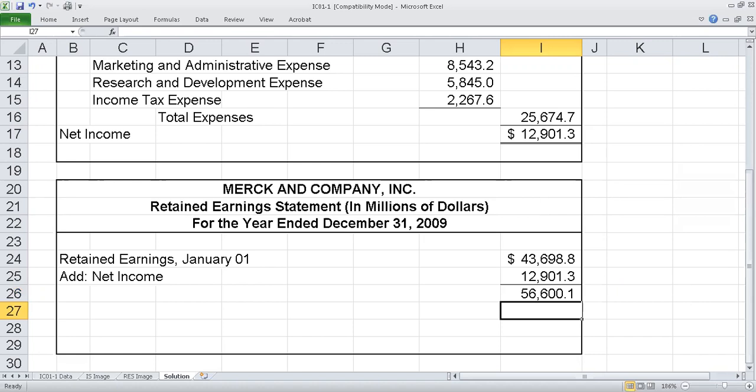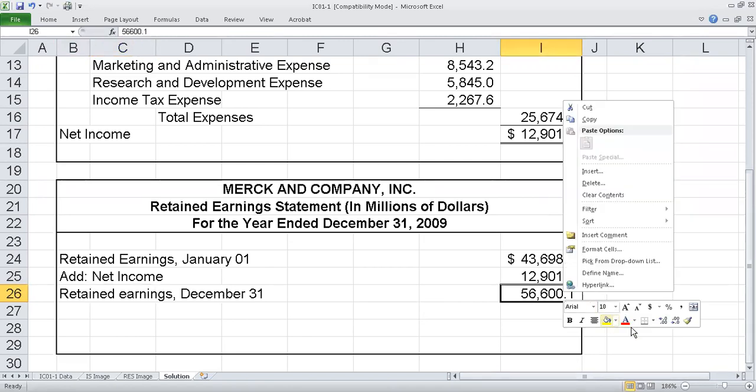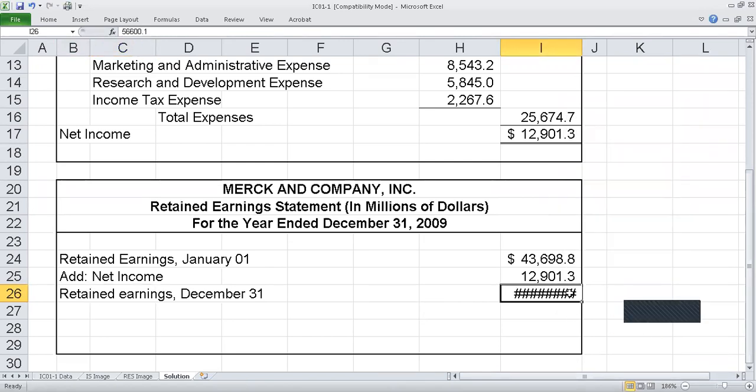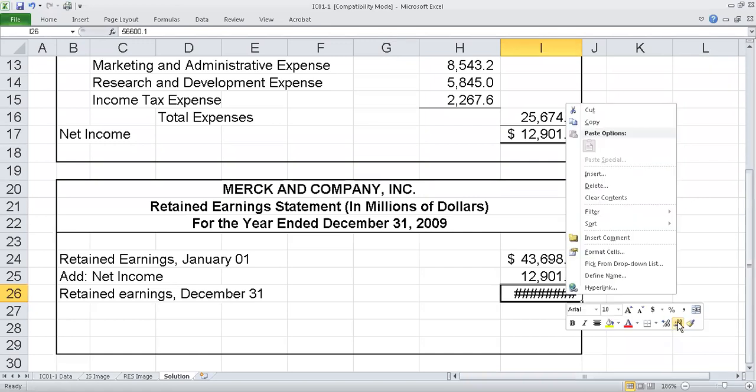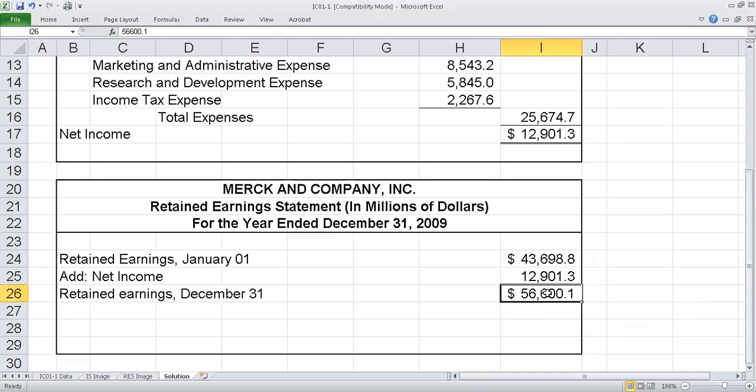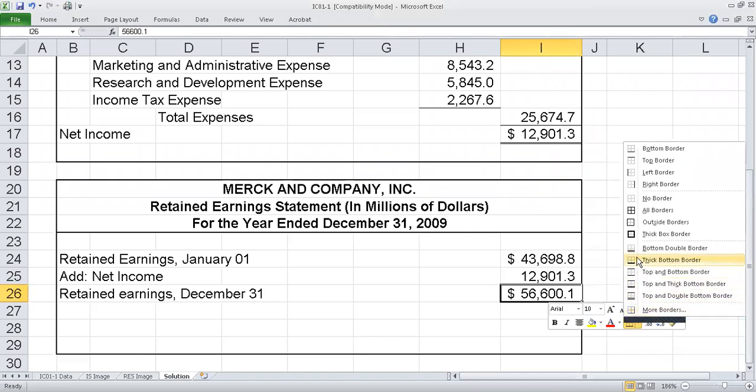Now, if there were no dividends, this would be the third and final line of the retained earnings statement. And this would get a dollar sign and double underlining.